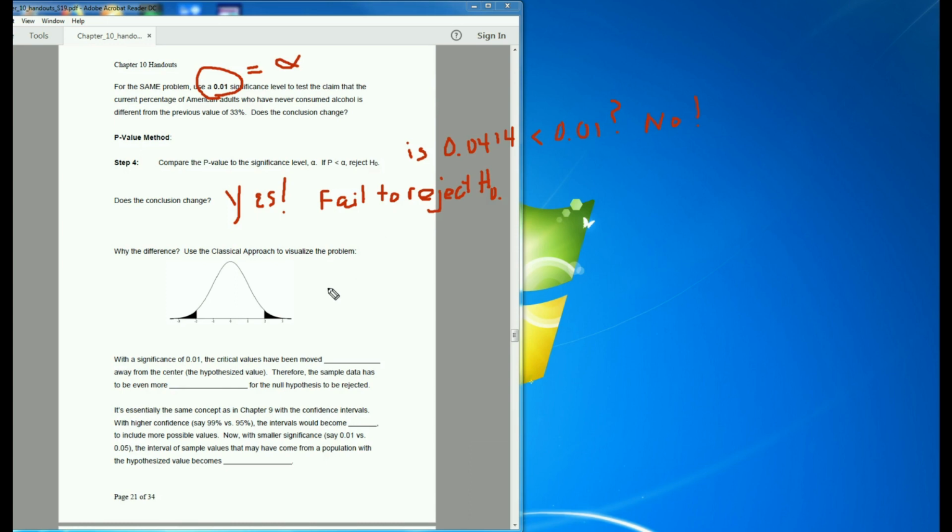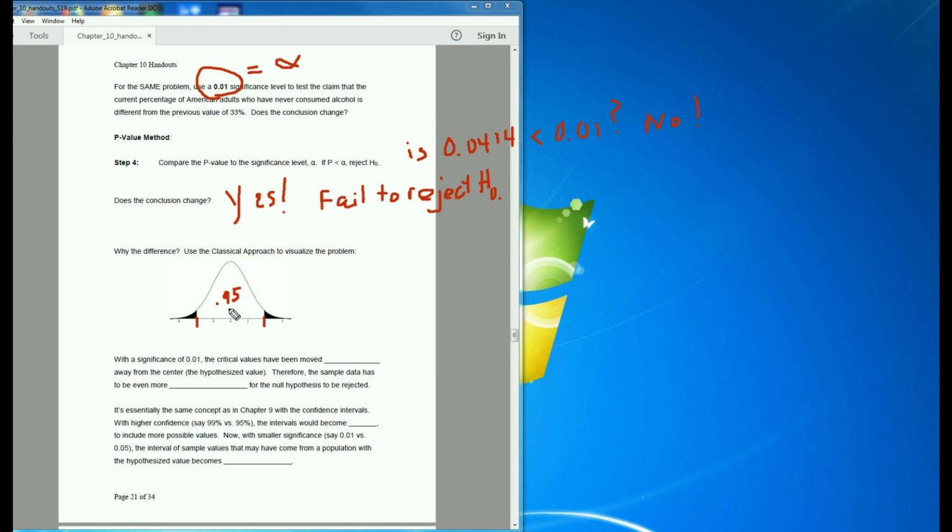Because we had previously done this with the classical approach, and it was a two-tailed test, and so we had found that our critical values were negative 1.96 and positive 1.96. That was at a significance of 0.05, which means we have 0.95 in the middle.